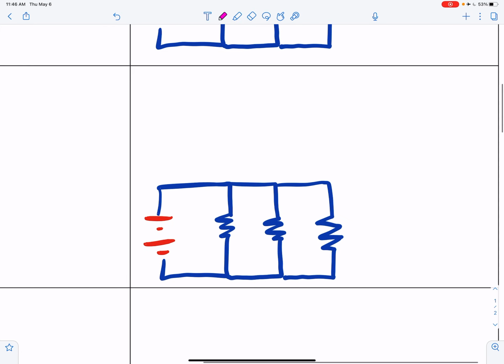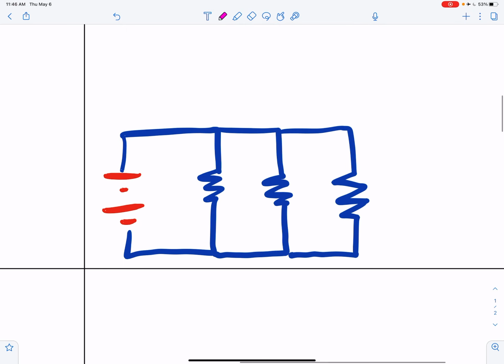All right, what if we're in parallel though? So let's say that I've still got 10 amps flowing through this battery. Now I would start to see something different. So I'm going to start with the resistor on the outside.